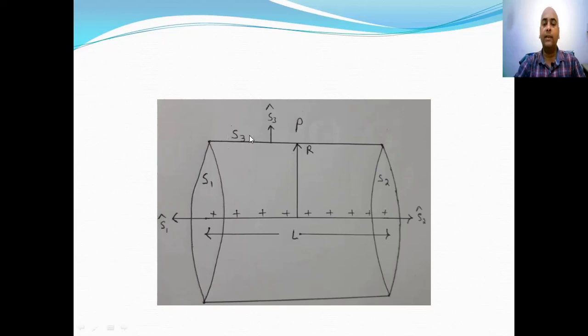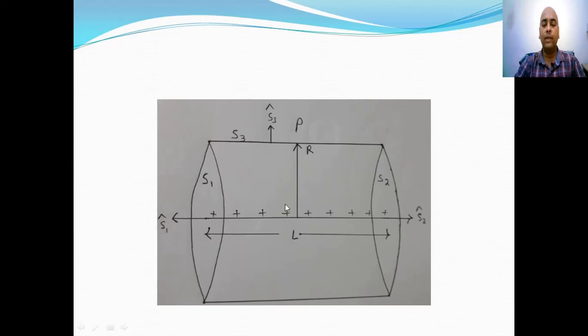Now the area vectors in S1, S2 and S3 direction are perpendicular to these surfaces. So the area vector S1 cap is perpendicular to the cross-sectional area S1. S2 cap indicates the area vector for S2, and S3 cap indicates the area vector for S3.